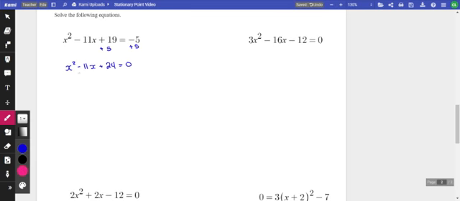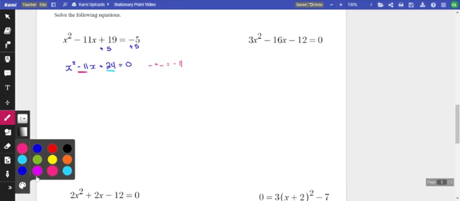So when we're factoring, we need 2 numbers that add to the middle. And if there's no coefficient out front, we need the same 2 numbers to multiply to the number in the end. So we need 2 numbers that add to equal negative 11. And the exact same 2 numbers need to multiply to equal 24.